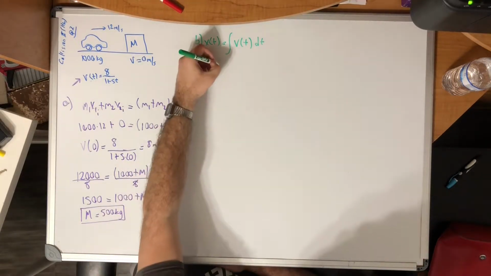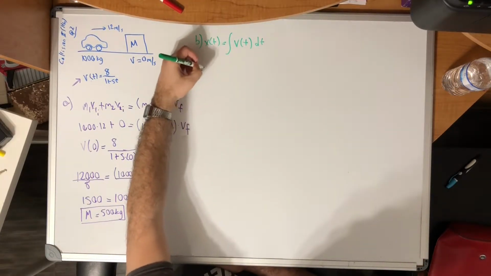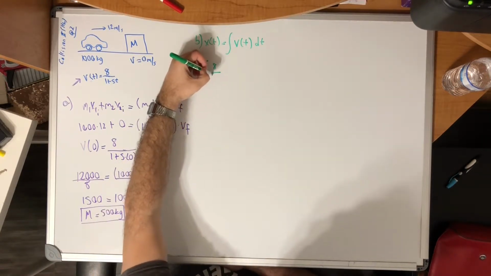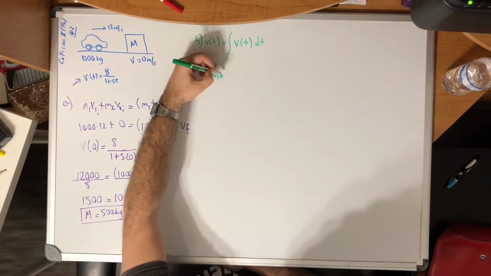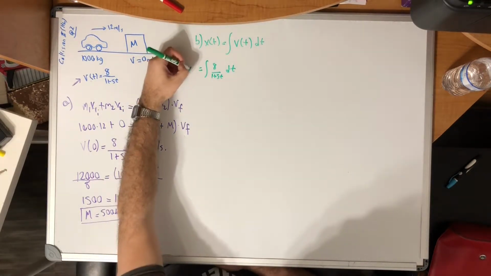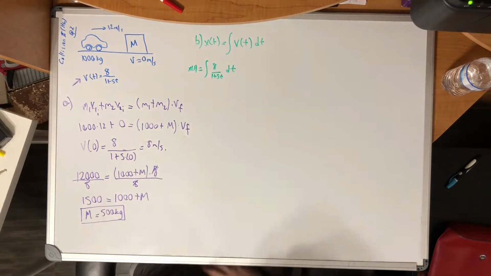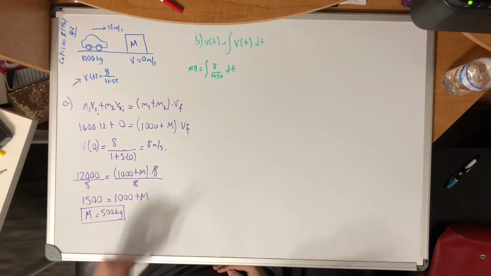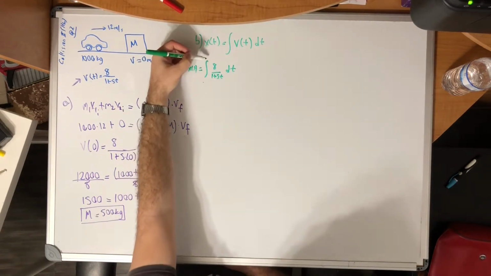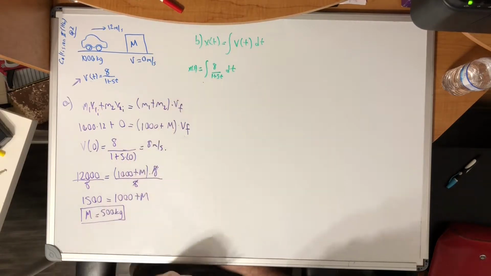So let's plug in and see what's happening. It's the integral of 8 divided by 1 plus 5t, dt. Another important thing over here is that we need to define our borders. What is my initial time and what is my final time?